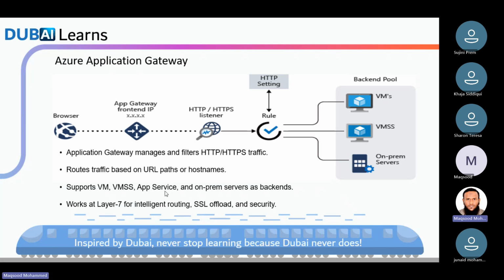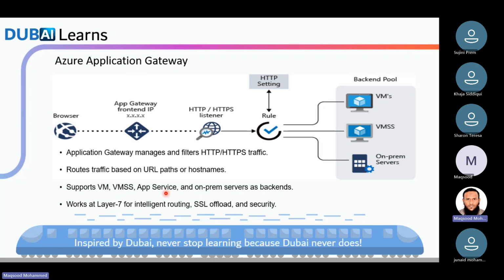You can also have an app service. In the same scenario we have just seen, we created the virtual machine and installed the web server. Instead of doing all of that with virtual machines, you can straight away make use of an app service. Without virtual machines, you can even run your web server with the app service.